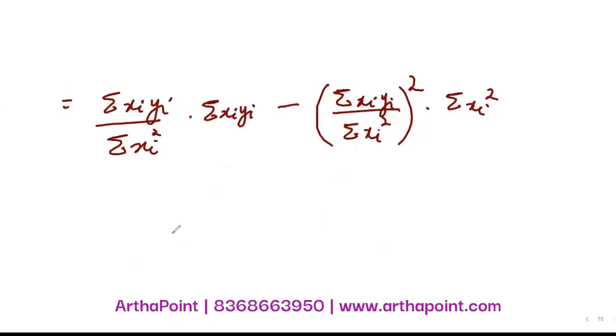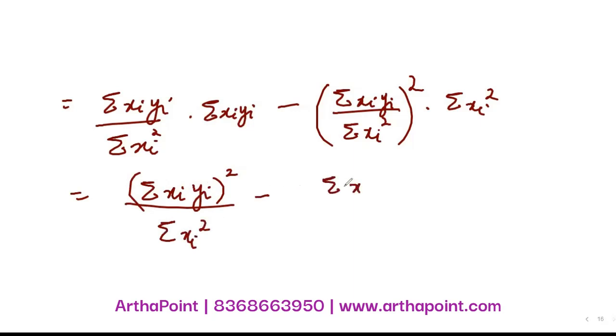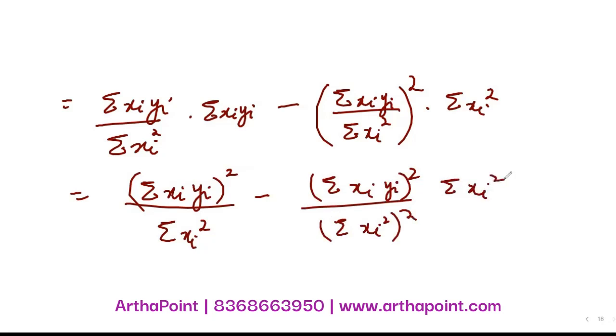Now certain things can definitely be cancelled out. This would be summation xi yi whole square upon summation xi square minus summation xi yi whole square upon summation xi square squared into summation xi square.